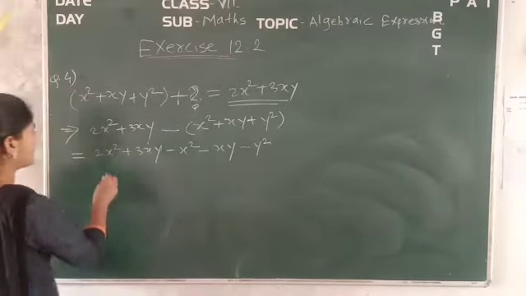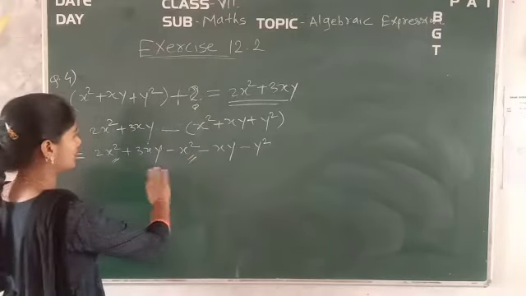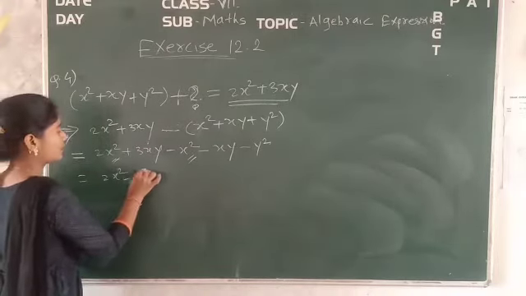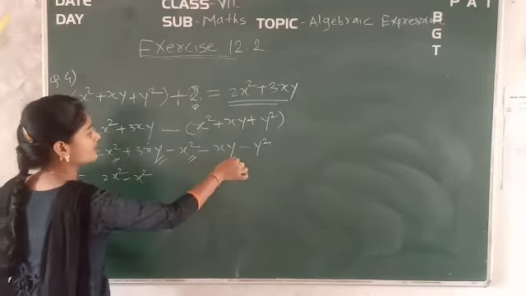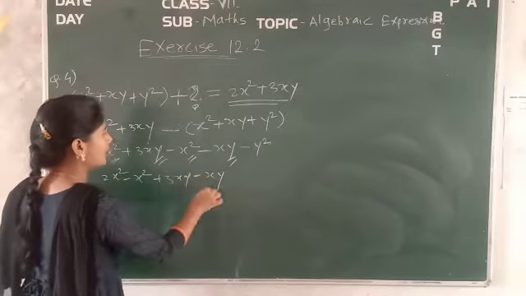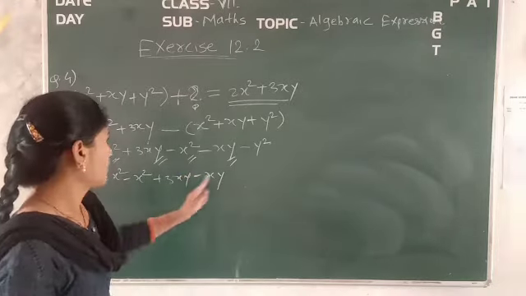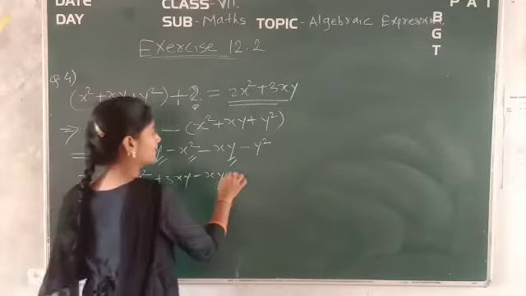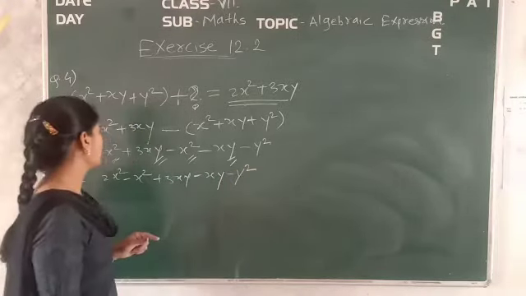Okay, so take the like terms. X square, is there any x square? No. So take 2x square minus x square. Next xy term, plus 3xy minus xy. Now what remains? Only minus y square, and you don't have any other terms, so write it down single. That is minus y square.